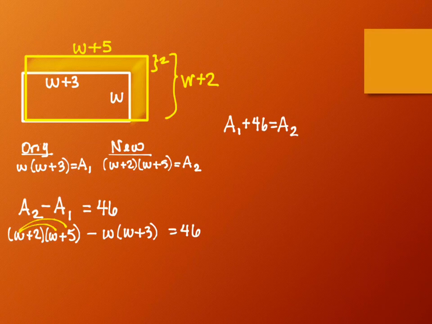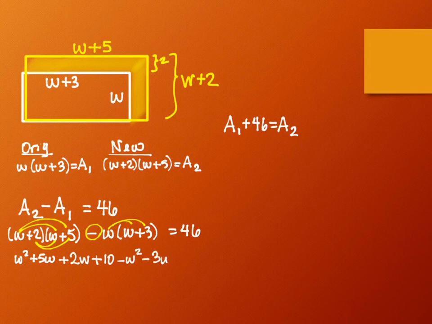So first is W squared. Outer is 5W. Inner is 2W. And then last is 10. So that's the first one multiplied out. The second one, I'm going to distribute my W, and it's actually a negative here, right? So I have minus W squared and minus 3W.